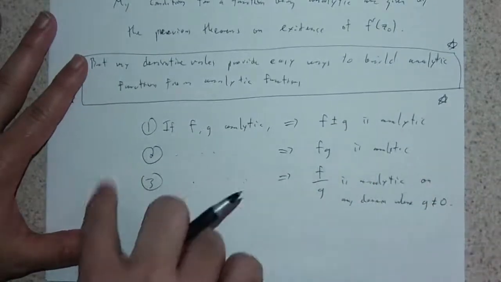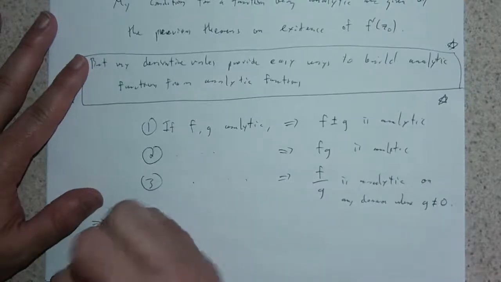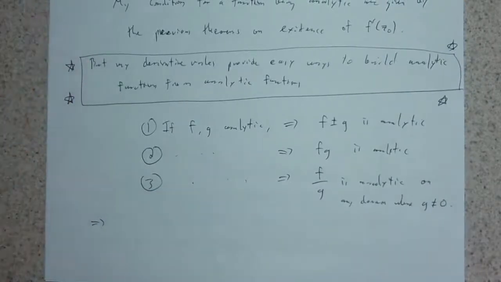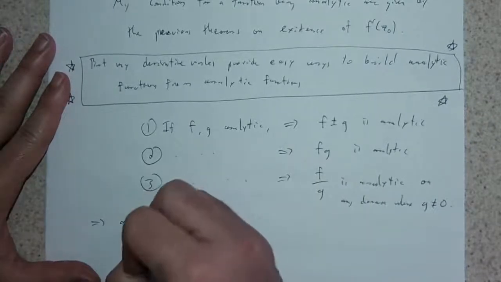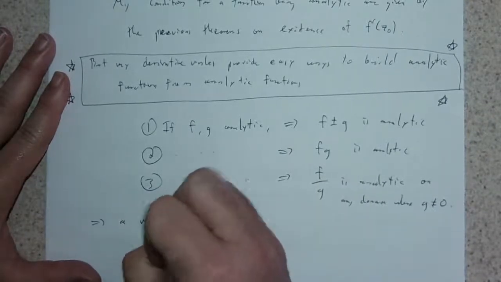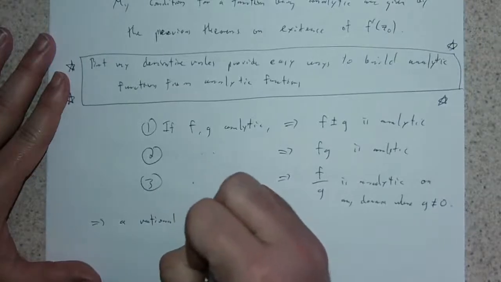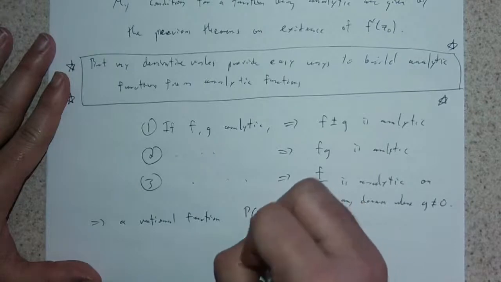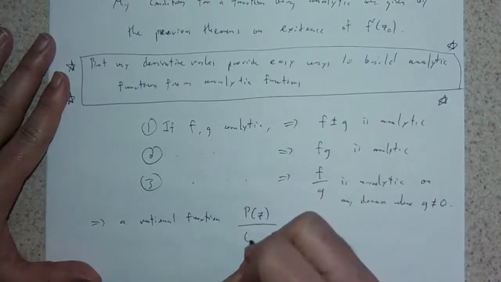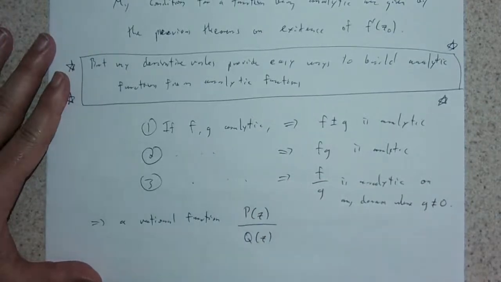All right, and so this one is nice because from our earlier comment on polynomials being entire, this also tells you that a rational function, that is polynomial over polynomial, right?